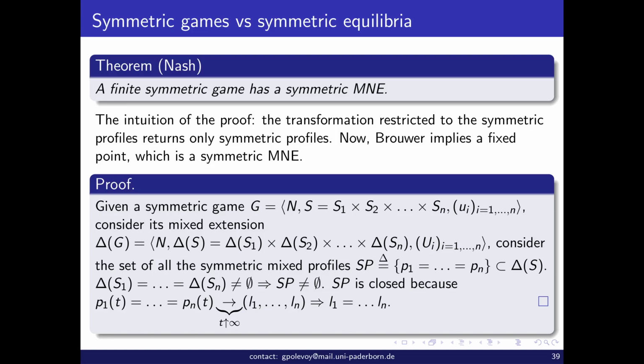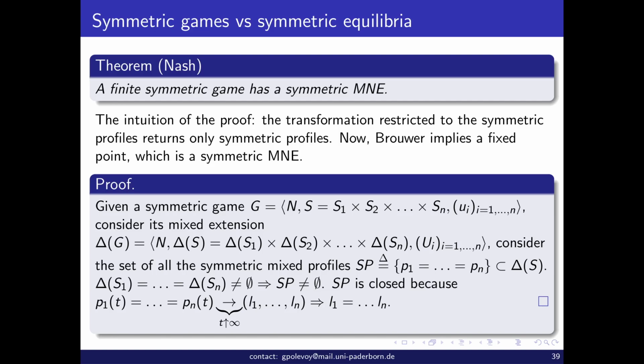If we have a sequence with all equal elements which approaches something in the Euclidean space, the limits are also going to be equal, because a sequence converging means that each element converges, and if you have element-wise equal sequences which converge, then of course their limits are equal.